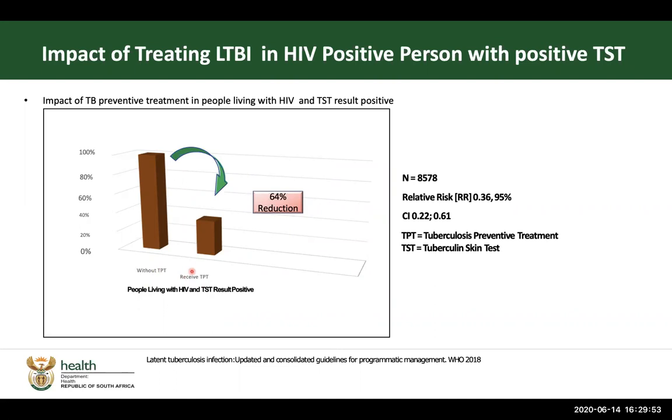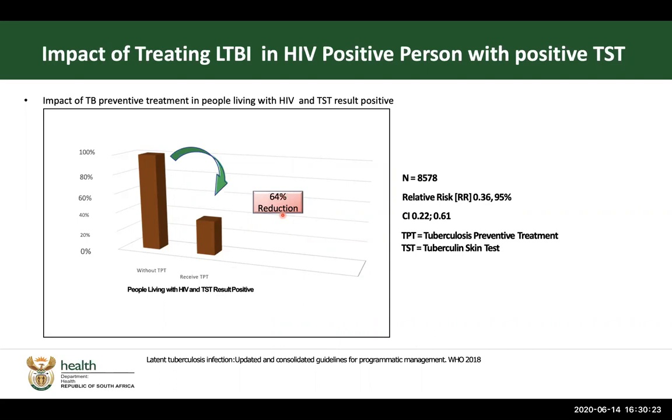So it's very clear here that if you identify people who have latent TB infection and you provide them with TB preventative therapy, you get a 64% reduction in new cases, or you reduce their risk of getting TB by up to 64%. So that is very significant, and we should not necessarily undermine the TST.